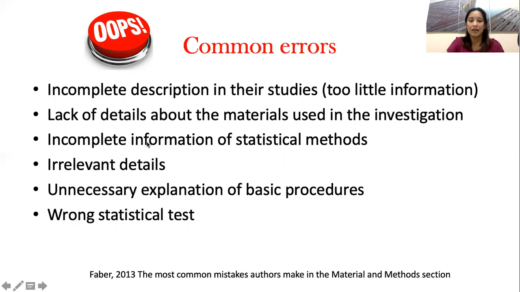You don't need to describe how to insert an NGT or nasogastric tube, because your intended audience is already specialists. So keep your audience in mind as well. Another error is unnecessary explanation of basic procedures, let's say Foley catheter insertion or subcutaneous injection. And lastly, wrong statistical test. So that's why you really need to have your statistician on board at the beginning of the study, not at the end.